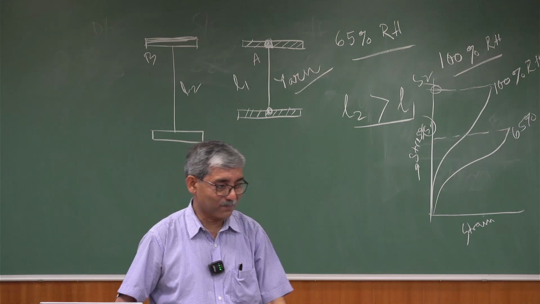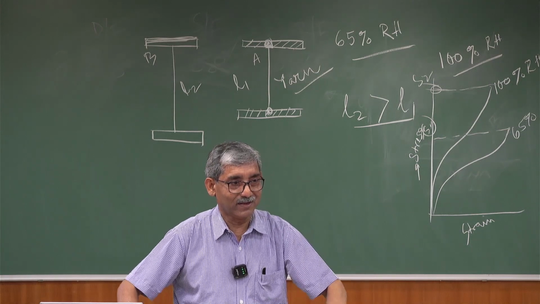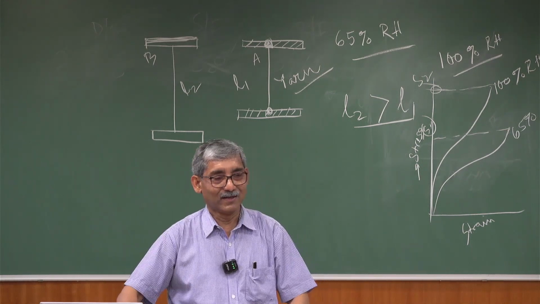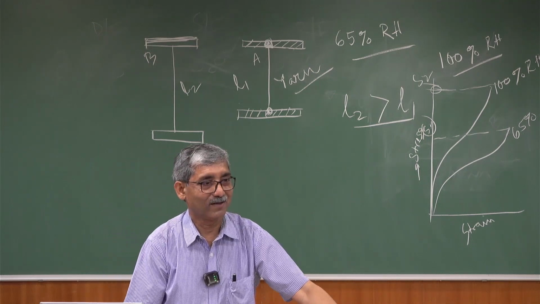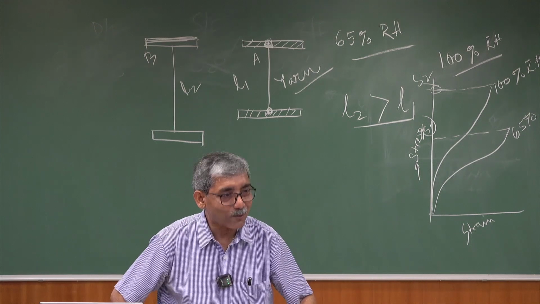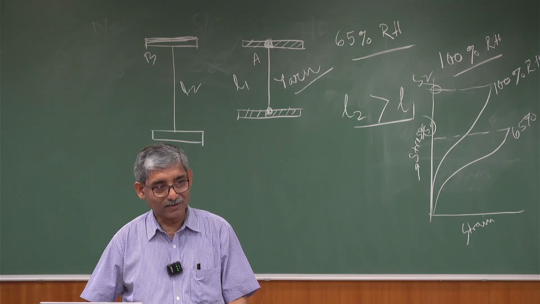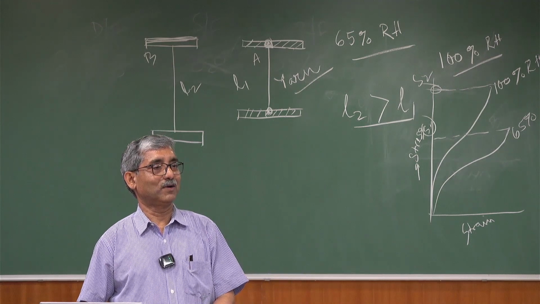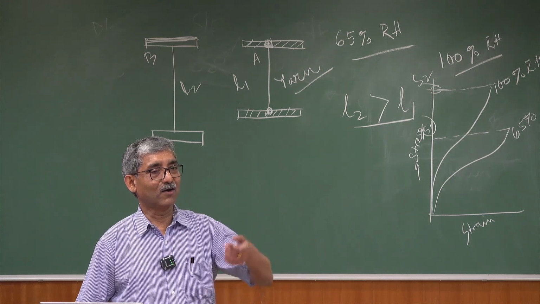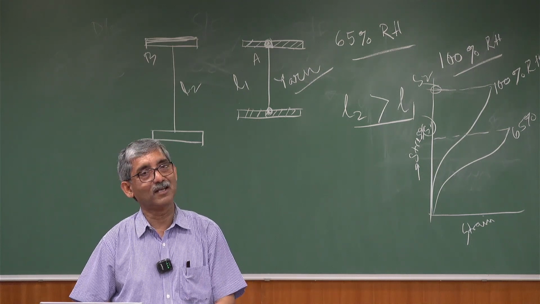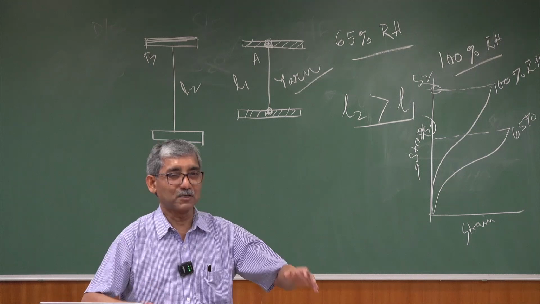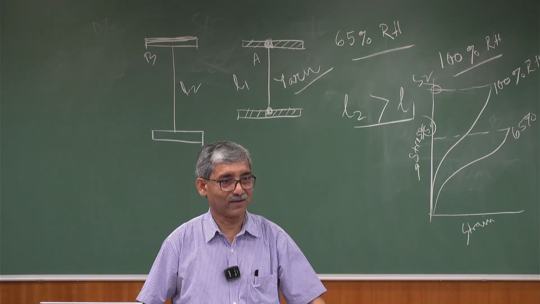Like this platform, its capability is to withstand this much load, maybe a maximum of 10 kg, and for that this thickness of wood, maybe half inch thickness, or this much strength is enough.